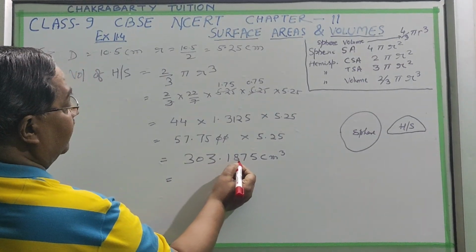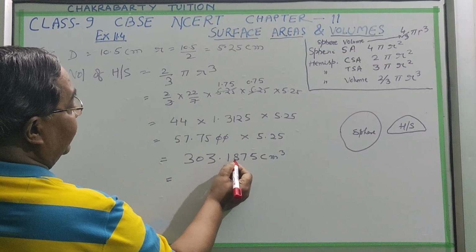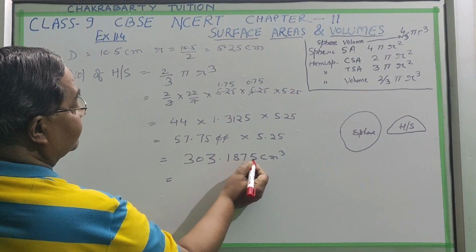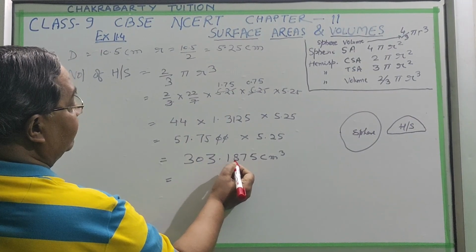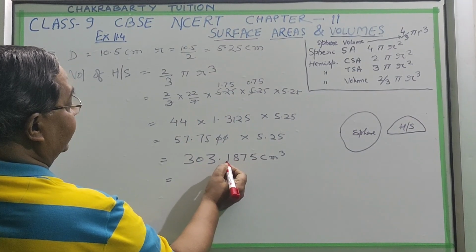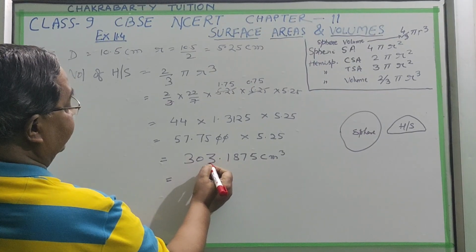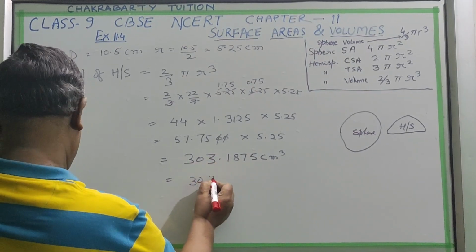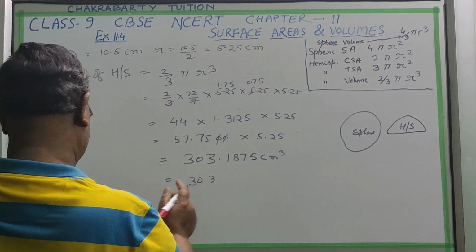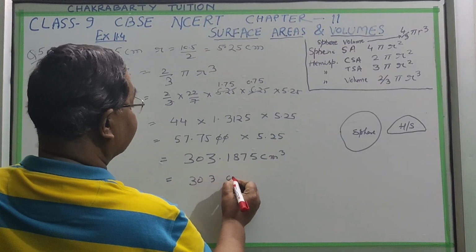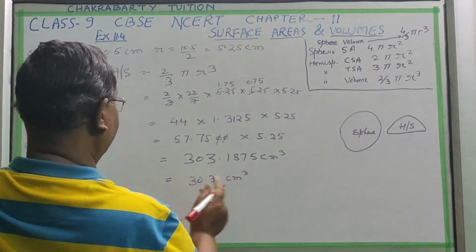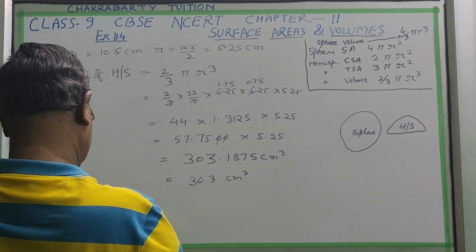And if you round it up, 7 becomes 8, 8 becomes 9, 9 becomes 2, and 2 will not increase it. So the answer is 3.3 cm cube.